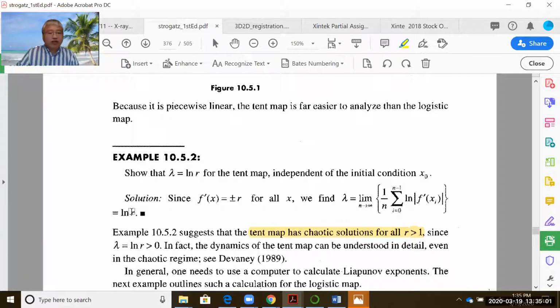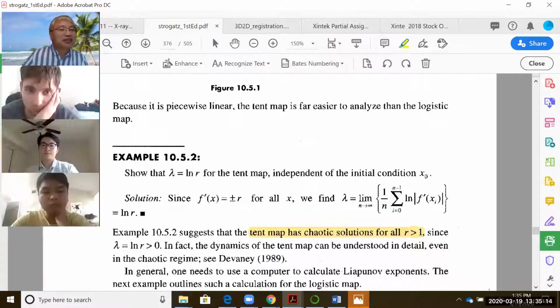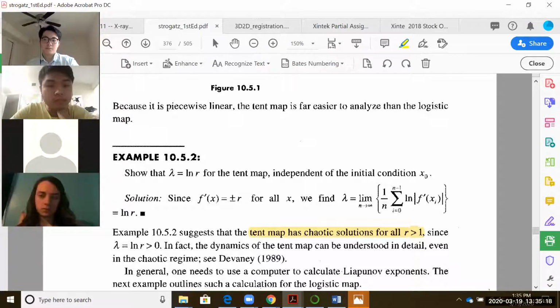So therefore, for the tent map, if r is a certain value, I'm going to ask one of you guys, since you've been so quiet. Are you there? Is your speaker not working?